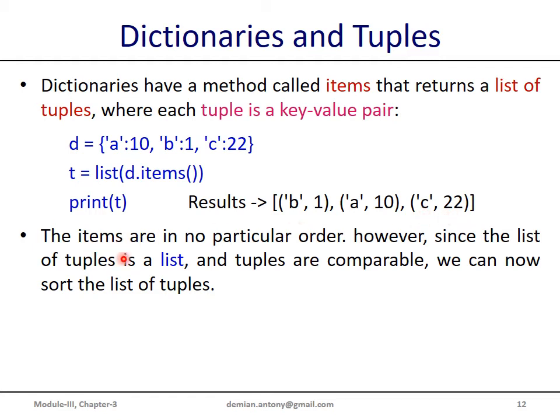The items method will not generate the tuples in any particular order. So once we have a list of items, we can sort the tuples present in the list as the tuples are comparable.